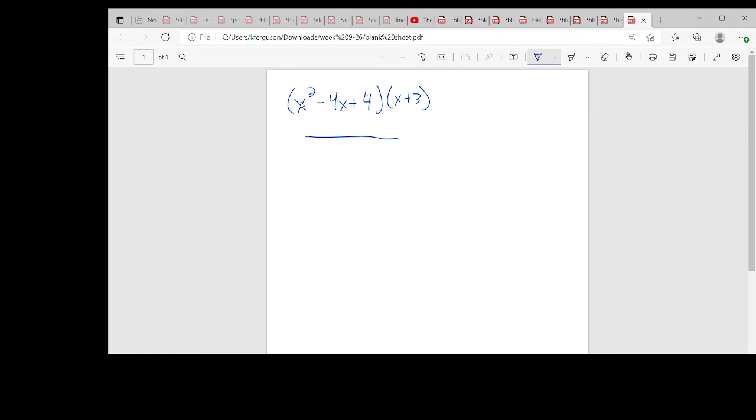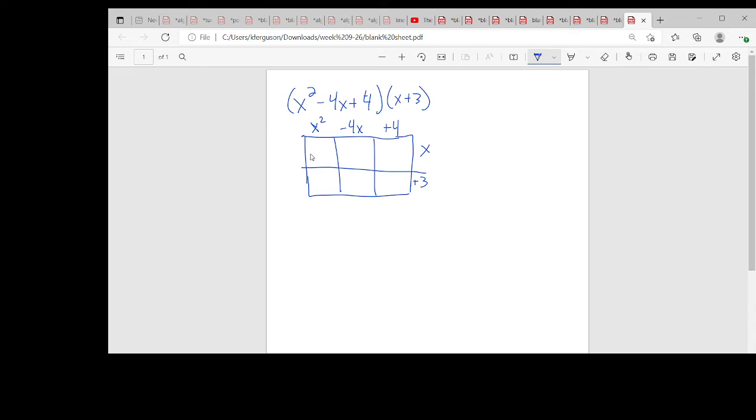I draw a box because there's 3 terms. This is a trinomial times a binomial. So I need a 3 by 2 box. The 3 is on top, so I write those terms up top. And then the 2 is on the side, so I write those on the side.